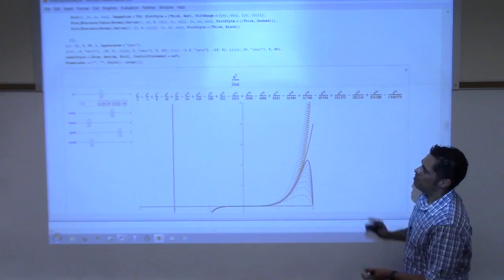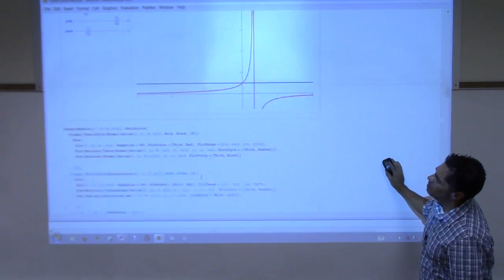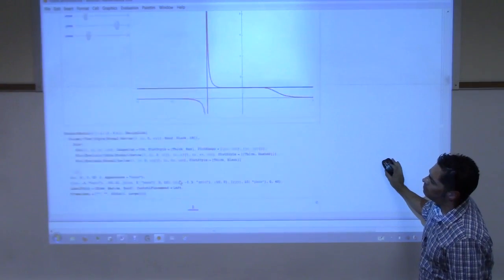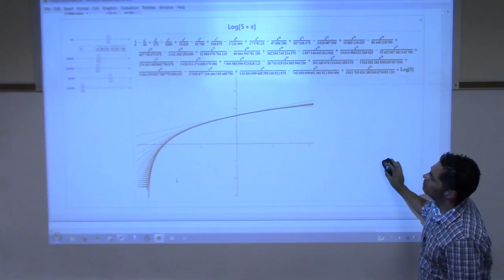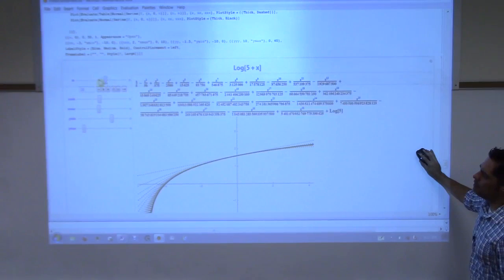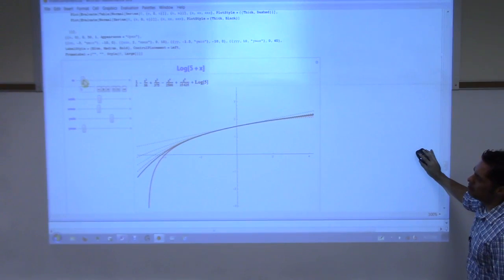Well, this function's kind of generic, but if we go to like exponential or logarithms, like I think I had a log function in here somewhere. Was it at the bottom? There we go. There's a log function. Let me pull this off. Okay, so you can see I'm trying to approximate this log function.